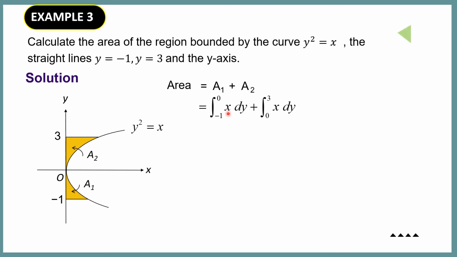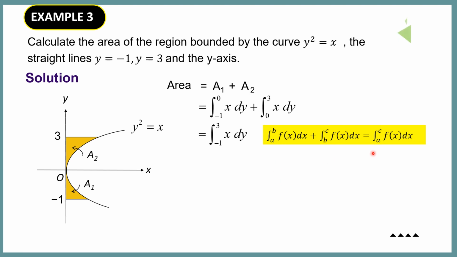A1 is obtained by integrating x from y equals negative 1 to y equals 0, and A2 is obtained by integrating x from y equals 0 to y equals 3. We can simplify the integral by applying the following rule of integration. Thus, the integral of x from y equals negative 1 to y equals 3 is the integral of y squared from y equals negative 1 to y equals 3.